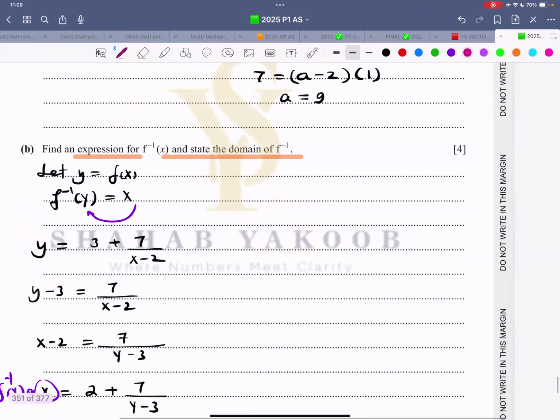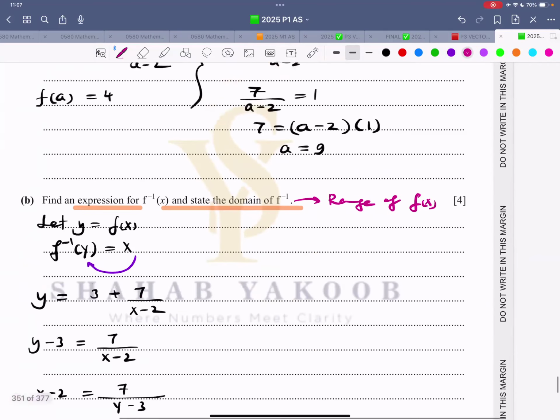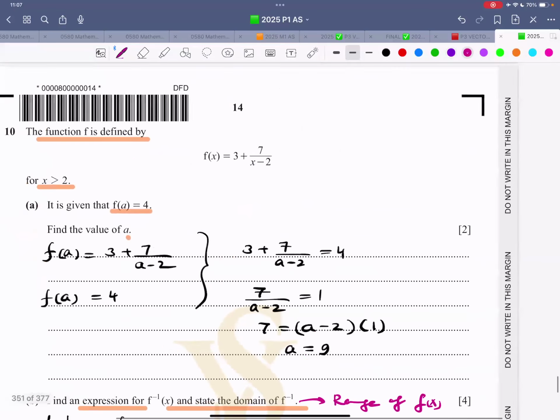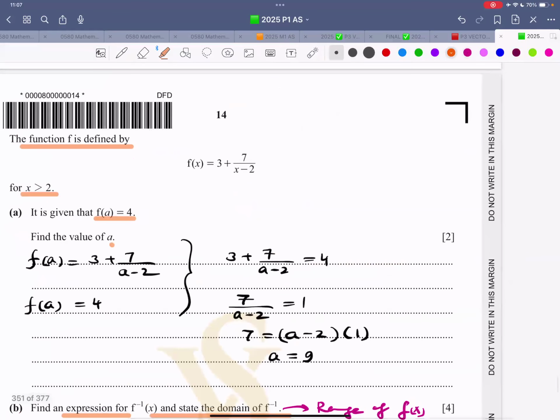Let's talk about this thing. Domain of f inverse is range of f. Now, how can I get the range of f? What I'll do is simply sketch this graph. So now over here, let me draw the x-axis and the y-axis.